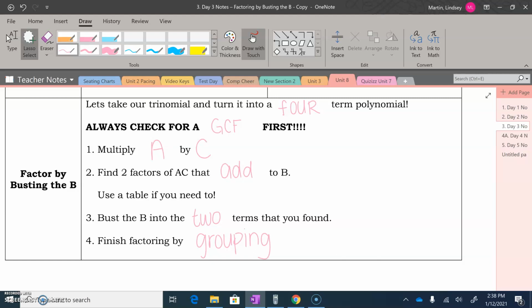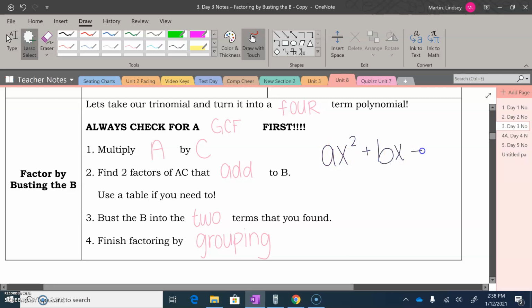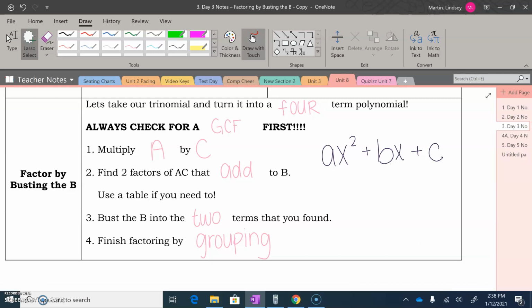Well, a trinomial is set up as ax squared plus bx plus c, where a, b, and c are my coefficients, or c in this case is my constant.